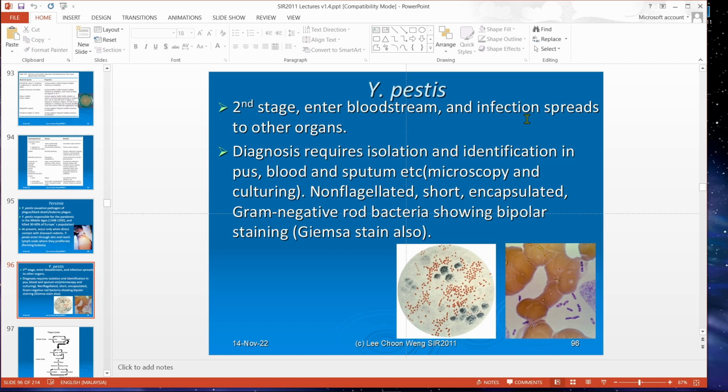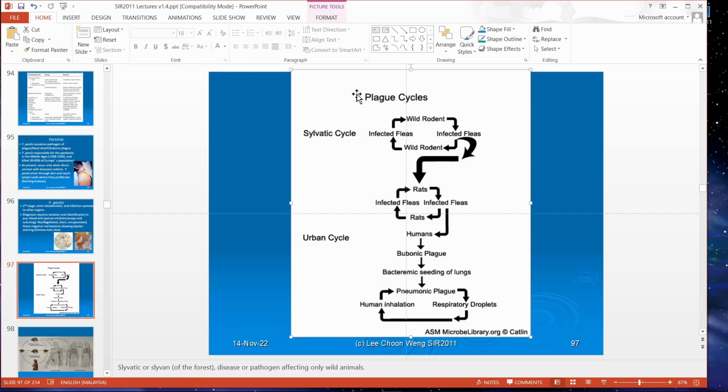The second stage is when the bacteria enters the bloodstream and it spreads to other organs. So it has a characteristic bipolar staining. Bipolar staining means if you look under the microscope, you'll see only the ends of the cell are stained, not the middle. Yersinia pestis, you have several cycles.